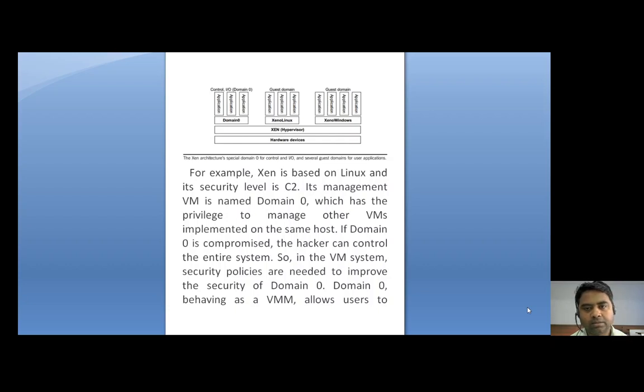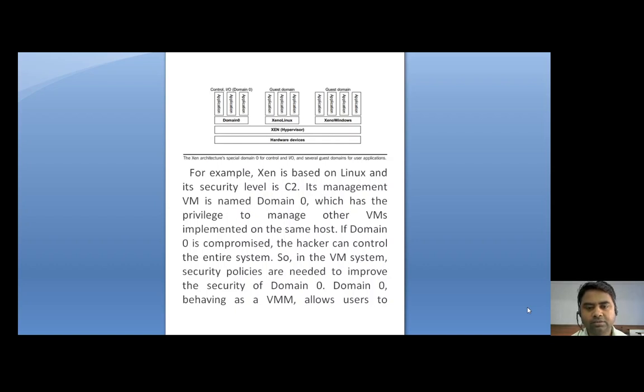The one which has control ability is known as Domain 0, and the one which does not have control ability is known as Domain U. So in this example, Xen is based on Linux and its security level is C2. Its management virtual machine, named Domain 0, has the privilege to manage other virtual machines implemented on the same host.